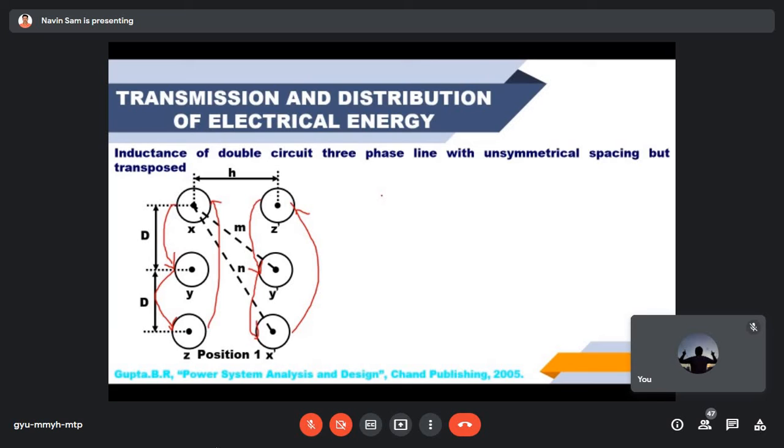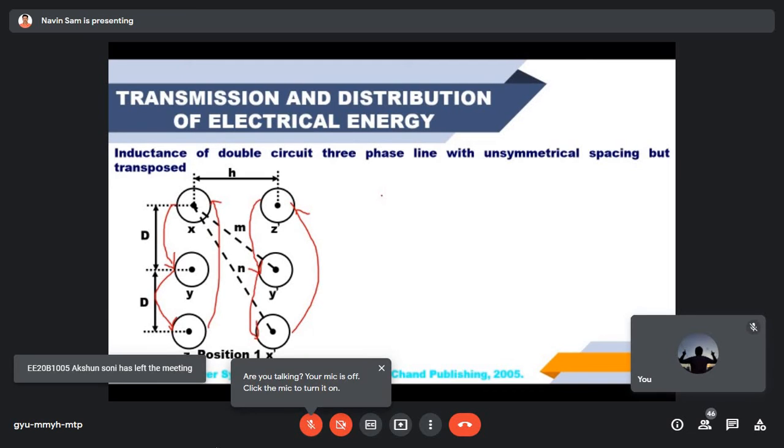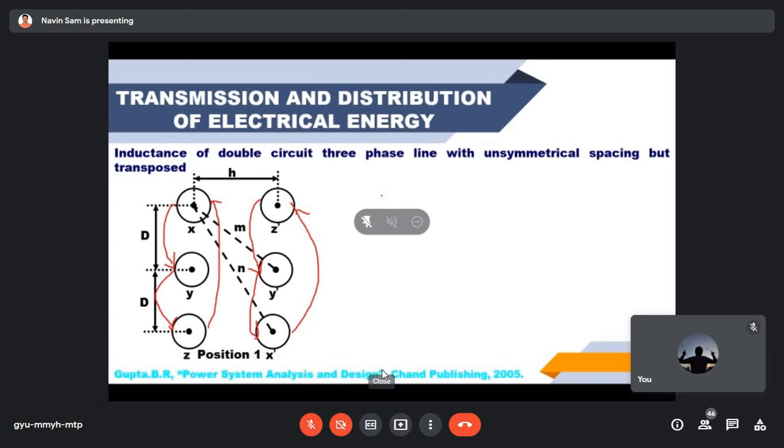So transpose the conductors and draw the diagram for position 2.